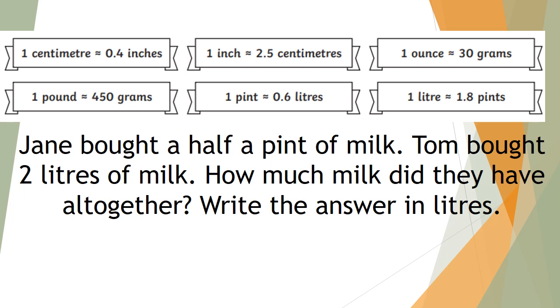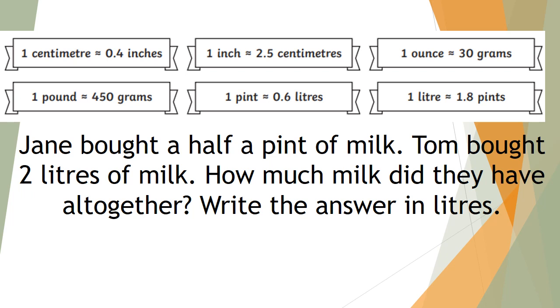So for this question, we're going to need to make sure that we have converted Jane's half a pint of milk into litres. So Jane bought half a pint of milk. What would half a pint of milk be in litres? Well, we can see that 1 pint of milk is approximately equal to 0.6 litres, or 600 millilitres.